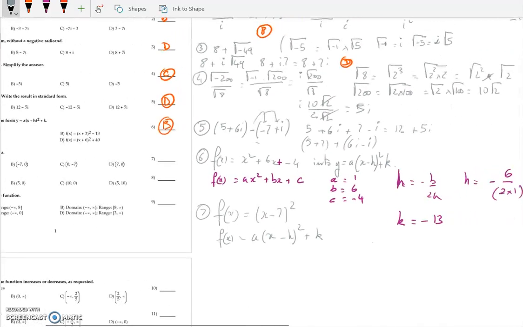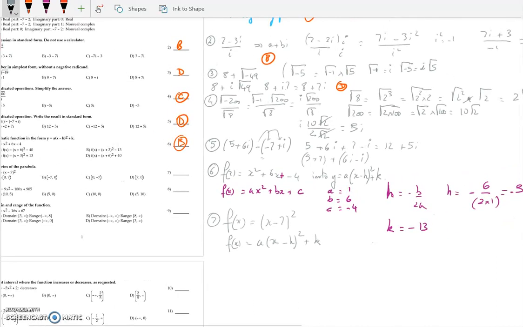And I know that the vertex is supposed to be (h, k). In that case, k equals 0 and h equals 7. So I'm supposed to find a vertex of (7, 0). For question 7, the answer was D.